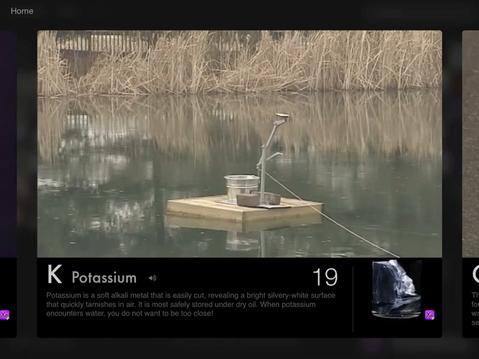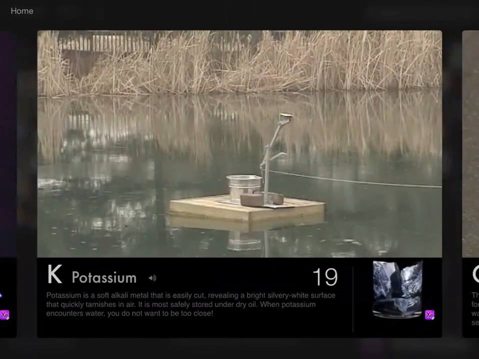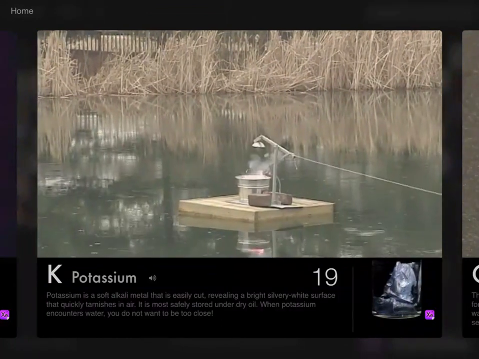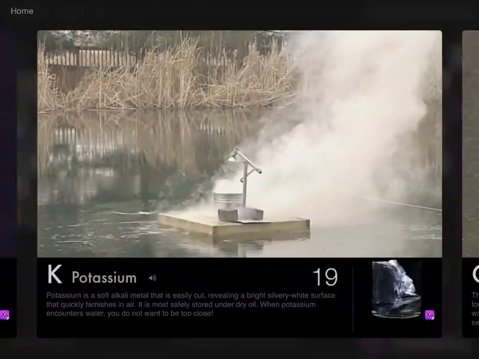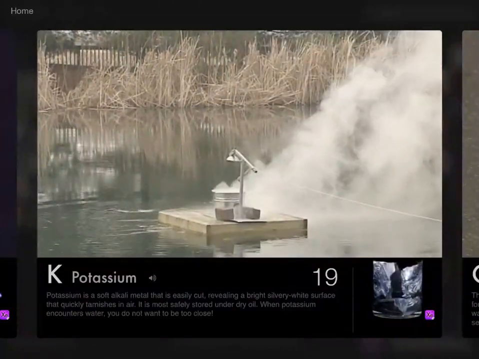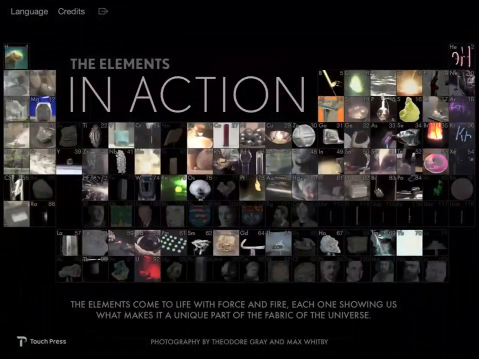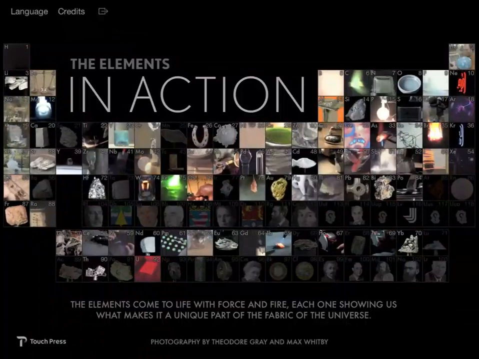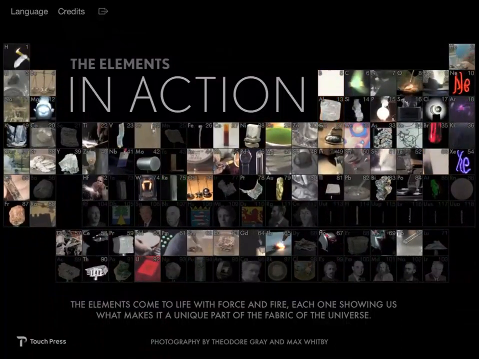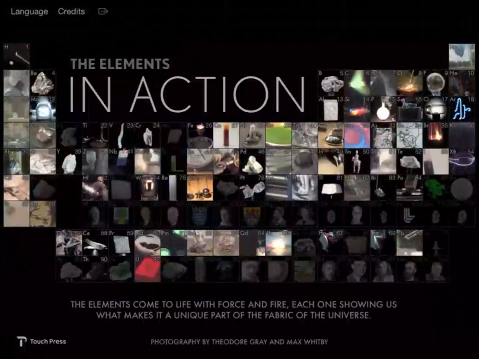All right, so you can see that was also very reactive and very explosive. And that's true for all of the alkali metals.